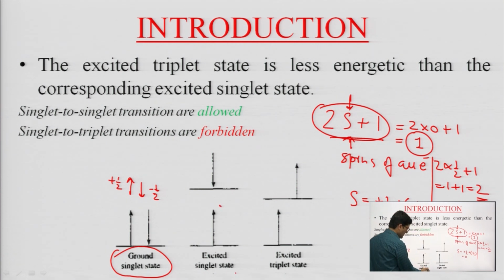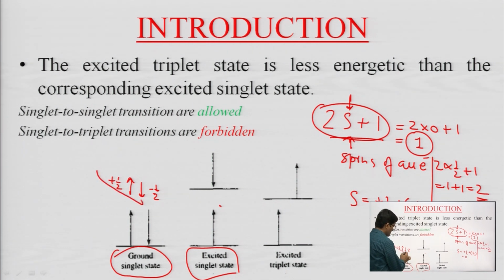When coming to this excited singlet state, one electron has jumped to the excited state. One thing to be noticed here is that the spins of the electrons that were in the ground state are still maintained in the excited singlet state.